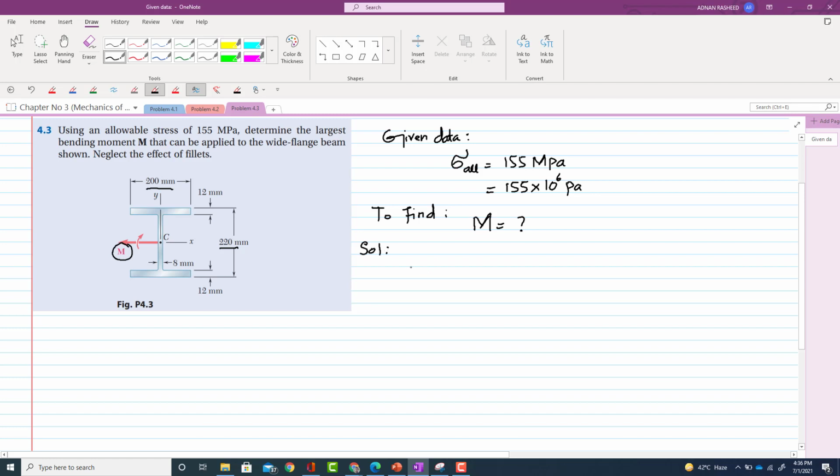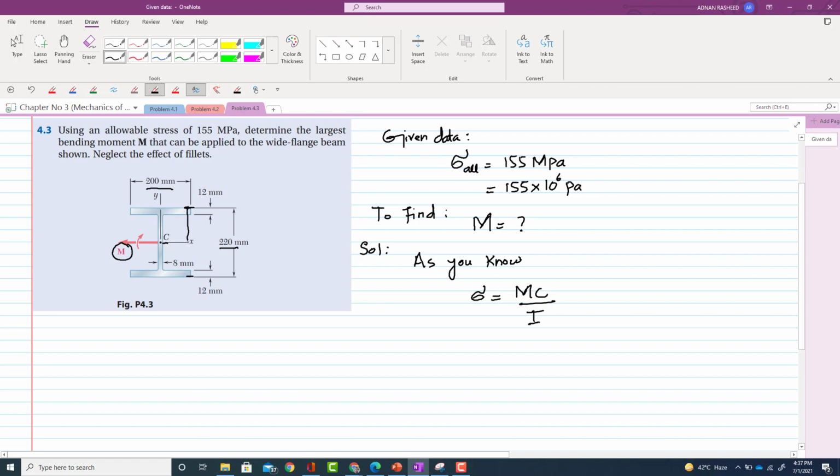As you know, the bending stress is equal to My or MC divided by I, where M is the bending moment, C is the distance from the neutral axis to the topmost fiber.